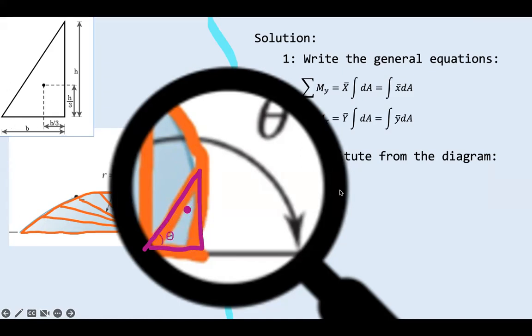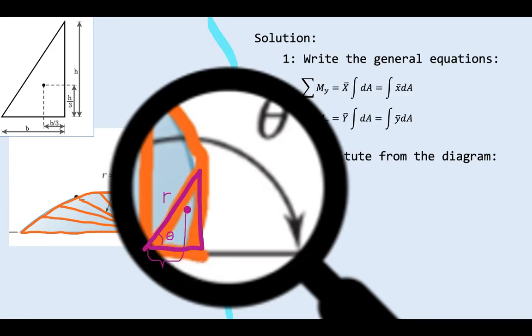So, keep in mind that the angle is varying. It's called theta. And we have the hypotenuse, which we call r. And then the adjacent, which we can find to be r cosine theta using the Pythagorean rule.